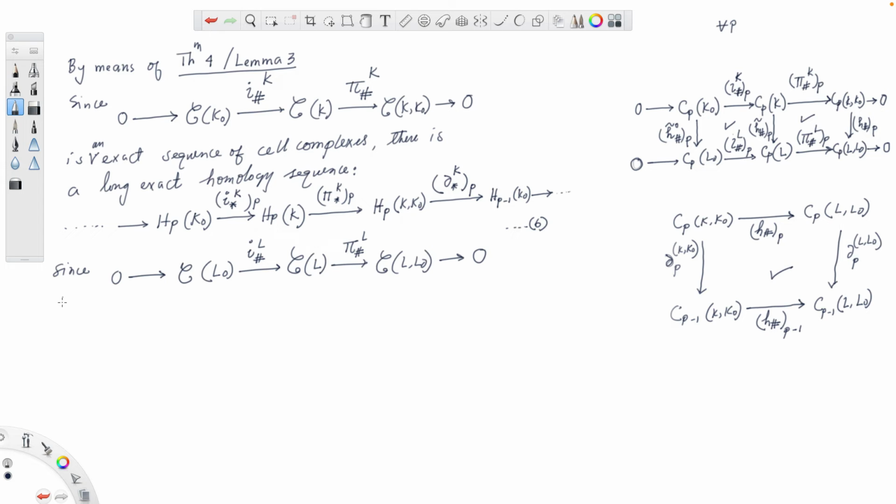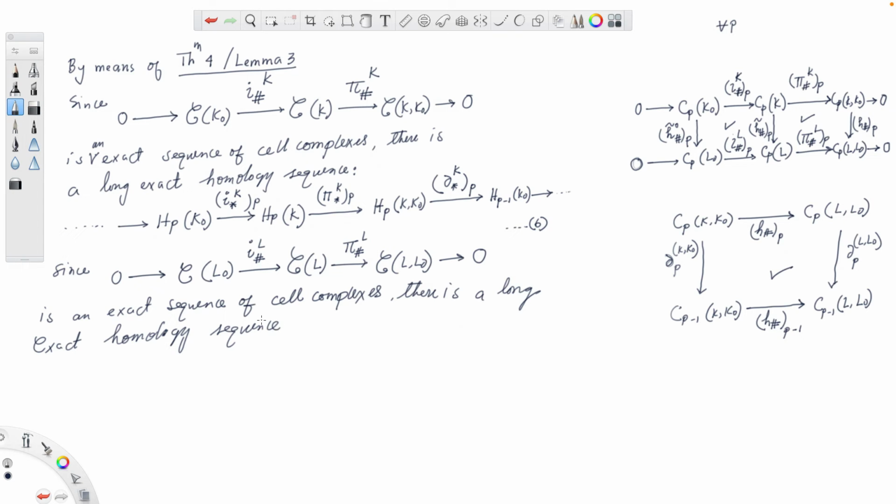Okay, since this is also an exact sequence of cell complexes, there is a long exact homology sequence.